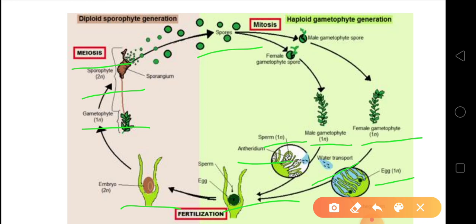The spores are made from the sporophyte, and these spores again convert into the male and female gametophyte. So this is the life cycle of the bryophytes.